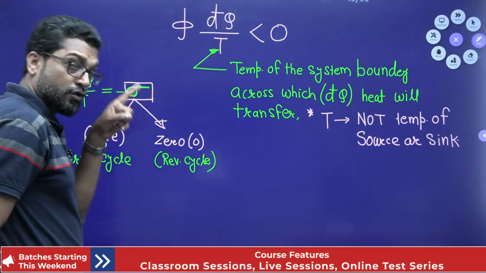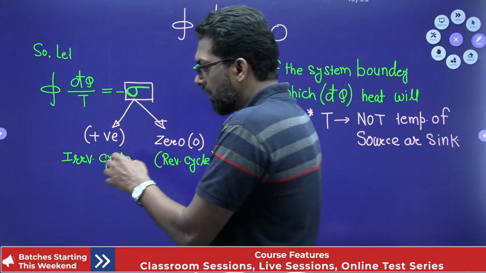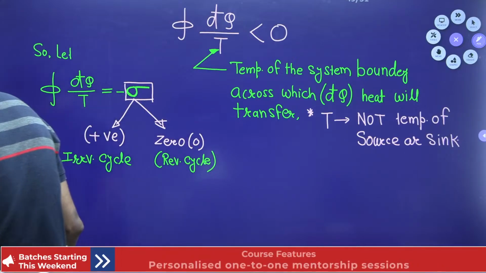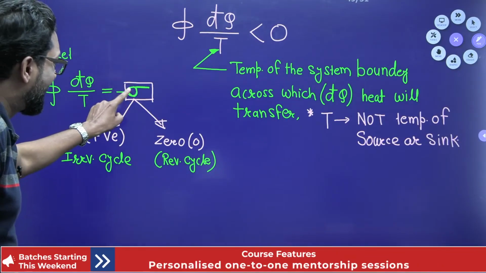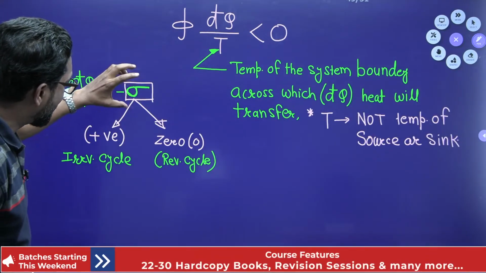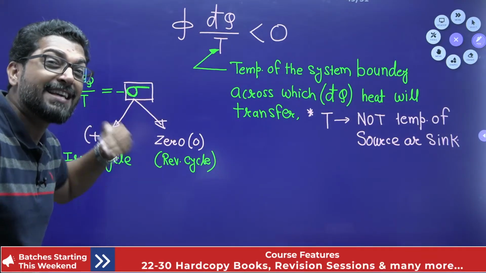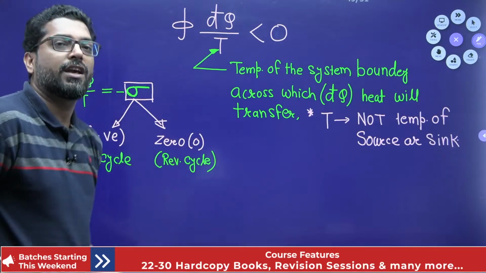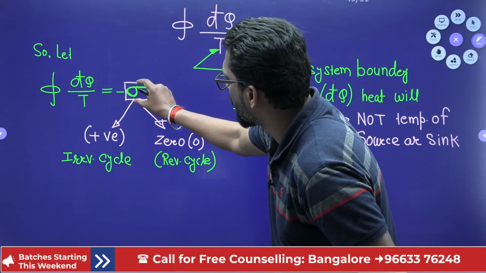So this rho quantity is positive. Okay. So the greater this rho is, the higher the extent of irreversibility.